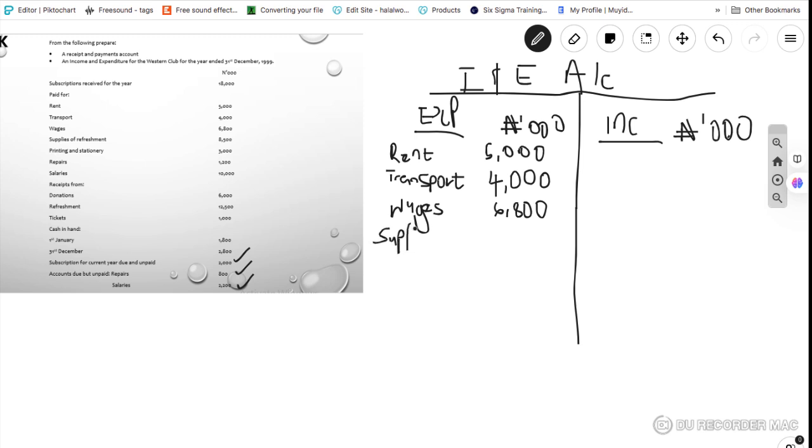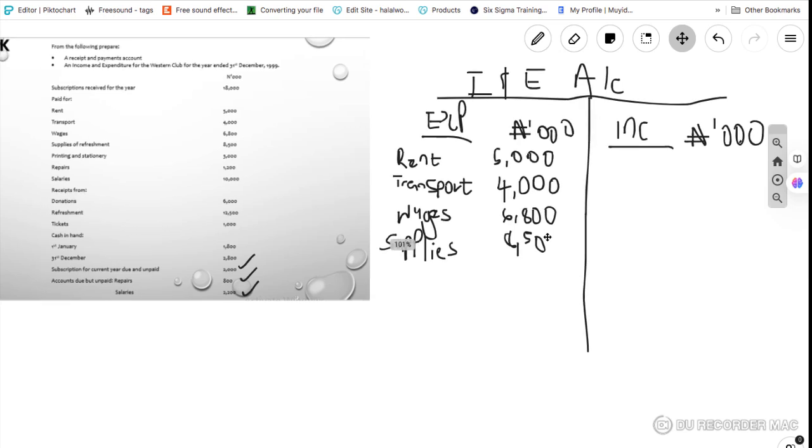For refreshment we have 8,500,000. We also have printing and stationeries. Printing, we have 3 million naira.